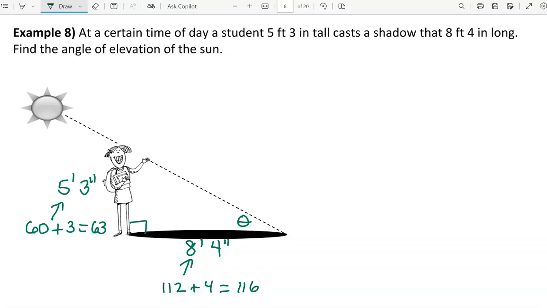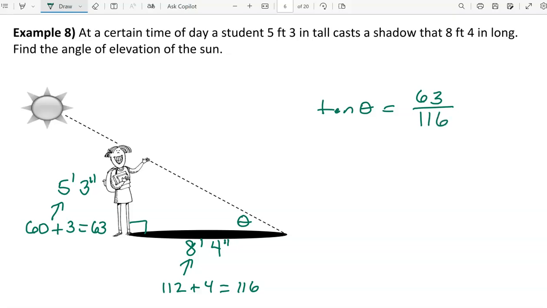So, what are we going to use here? It looks like we've got our opposite and our adjacent sides. We don't have the hypotenuse because the hypotenuse is the line of sight. Opposite and adjacent implies we are using the tangent ratio. So tangent of theta is equal to 63 over 116, opposite over adjacent.